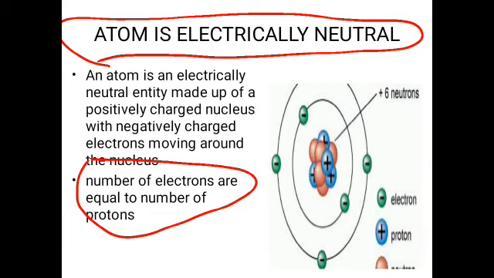Like the picture is showing you, the negative charges are present around the nucleus in their orbits, equal to the positive particles, the blue balls, present in the center of the atom, which is called the nucleus. So this is how the atom is neutral: the positive charges are equal to the negative charges, that is, protons are equal to electrons.